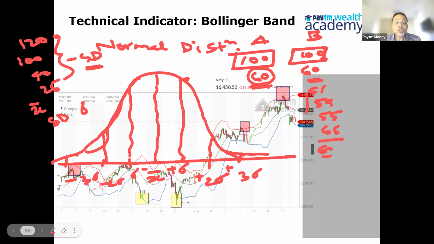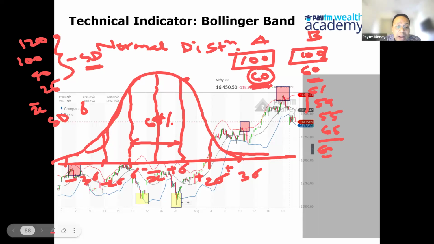Right? So what a normal distribution says, what is the probability that the price or the data is going to be within plus minus one standard deviation? What is the probability? It says 68% probability. Right?